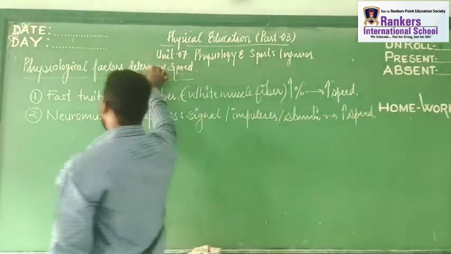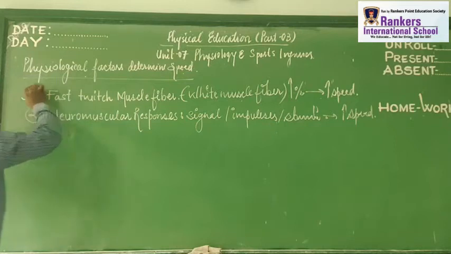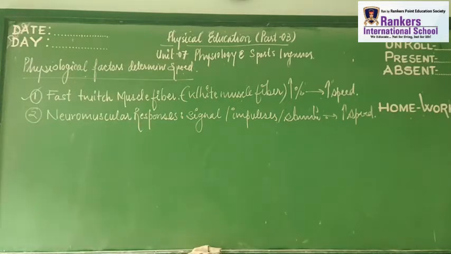So the physiological factors, first, your body should have a lot of fast twitch muscle fibers, that is the white muscle fibers. Your neuromuscular coordination should be very good. The higher and faster the neuromuscular response or motor impulses, the faster and stronger the muscle contraction, and your speed will be very good.